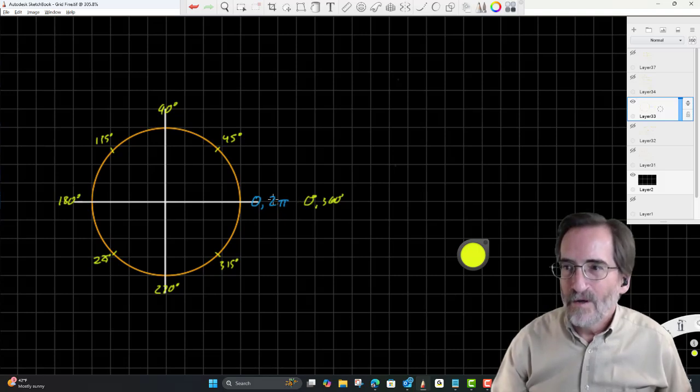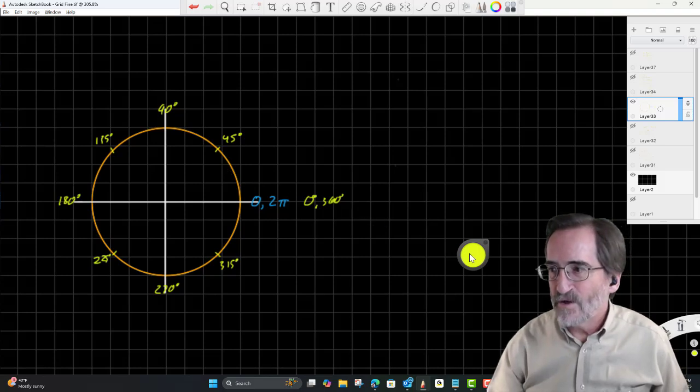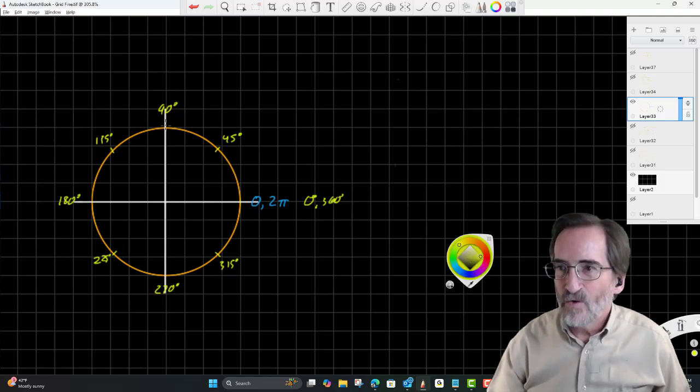And then we can divide them into thirds. Let's do that. 90 divided by 3 is 30 degrees.